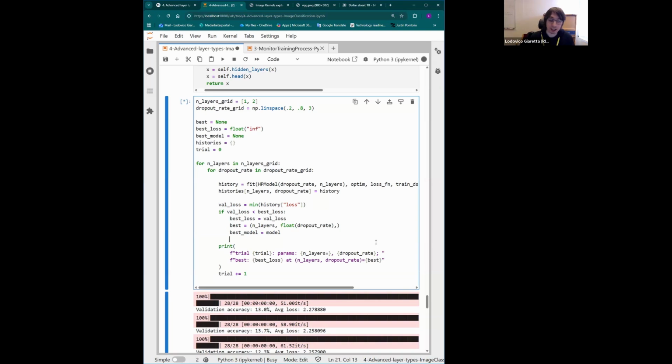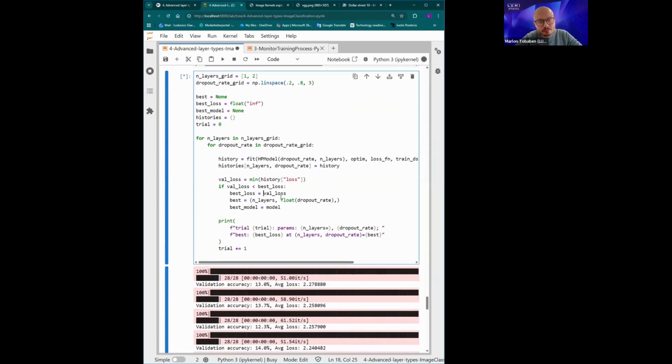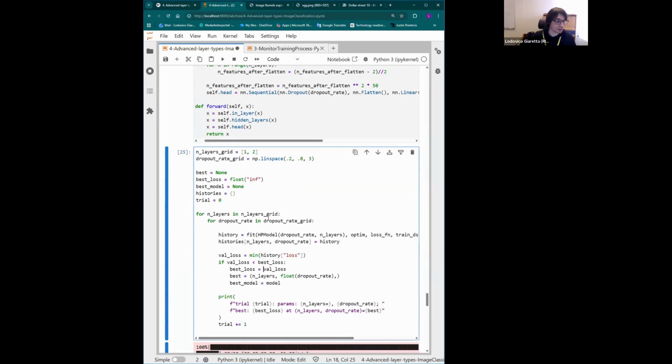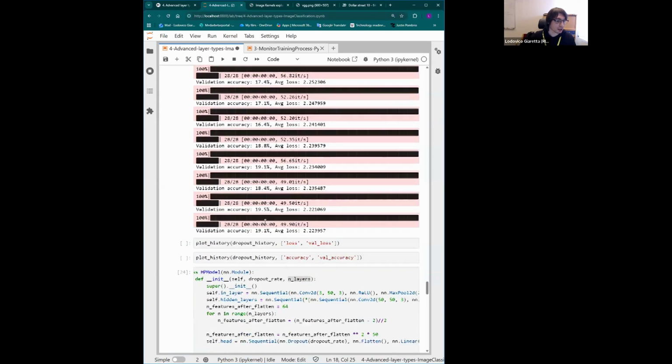Now we are looking at this by hand because it's important to understand how this works internally. But in reality, you should never do these for loops by yourselves. There are libraries for both Keras and PyTorch that can help you do this automatically in a more efficient way while you spend your time taking care of other things while this runs in the background, doing all the model selection. By the way, while this is training, oh, this is done training actually.